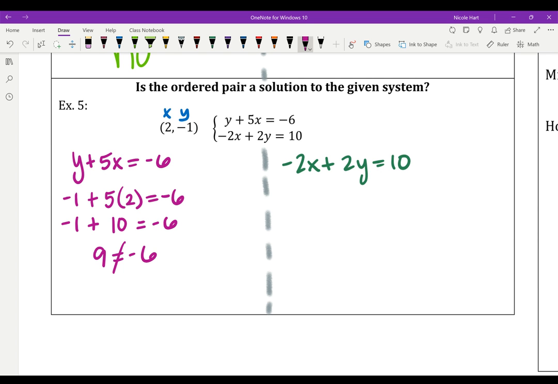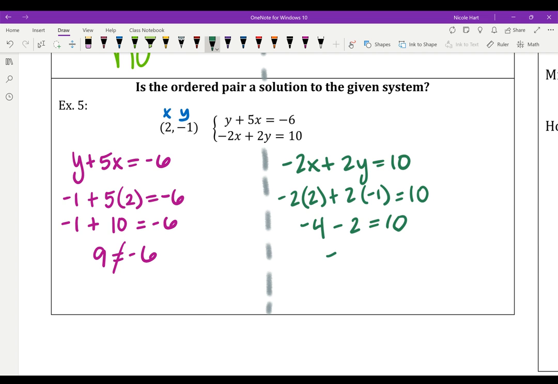That does not work. And then we look at the second one, again, just to double check, make sure we're not reading anything wrong. So negative 2 times 2 plus 2 times negative 1 equals 10. Negative 2 times 2 is negative 4. 2 times negative 1 is negative 2 equals 10.